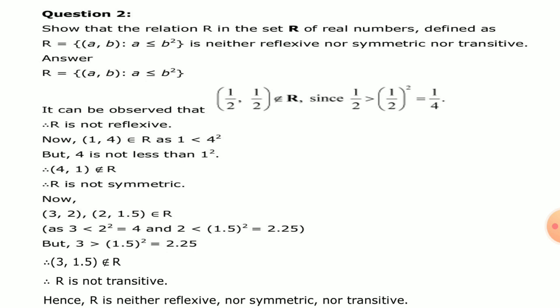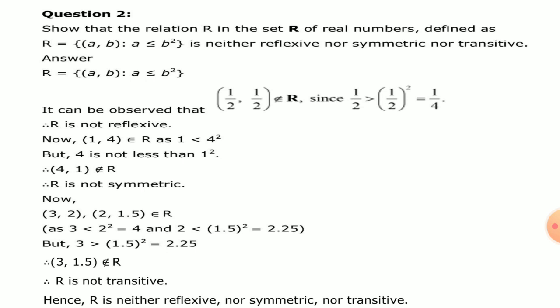Now (3, 2) belongs to R and (2, 1.5) belongs to R. Here (3, 2) belongs to R, that means 3 is less than or equal to 2 squared, so 3 is less than or equal to 4. It's possible. And next, 2 is less than or equal to 1.5 squared, so 2 is less than or equal to 2.25.